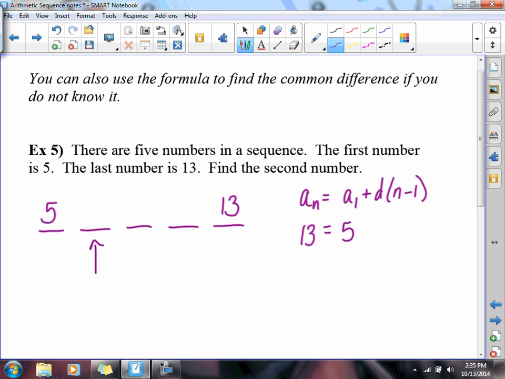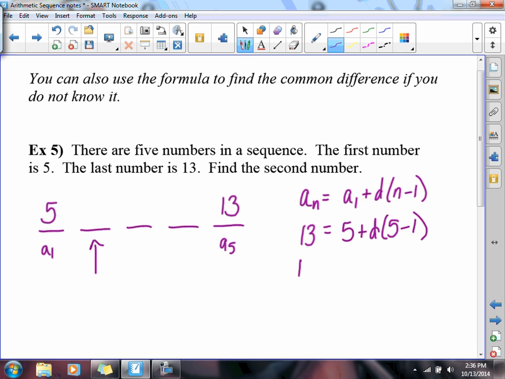Now what term is the 13? Well, here's my first, my second, my third, my fourth, my fifth. So a sub 5, here's a sub 1, this is a sub 5, is 13. So that means this n is actually a 5. So I'm going to substitute a 5 in there.